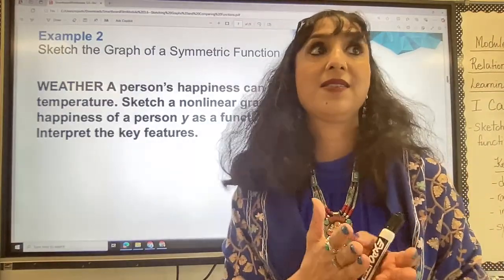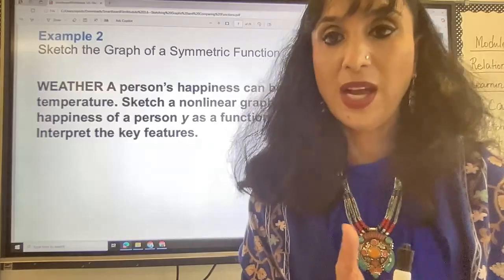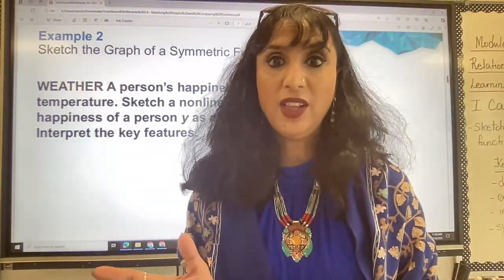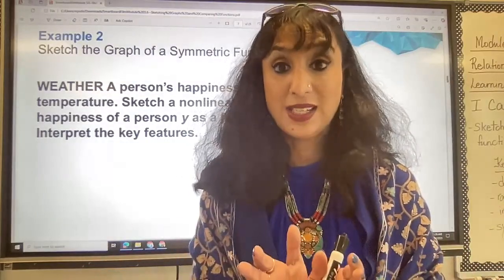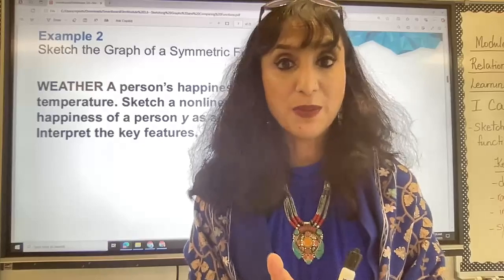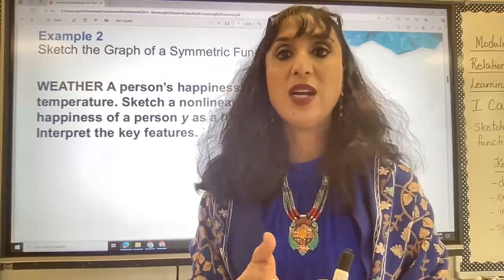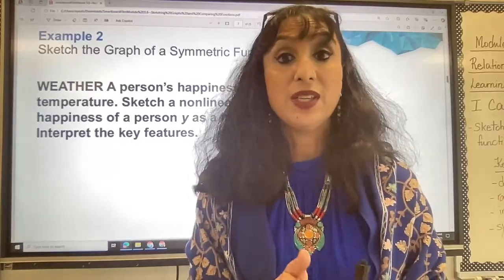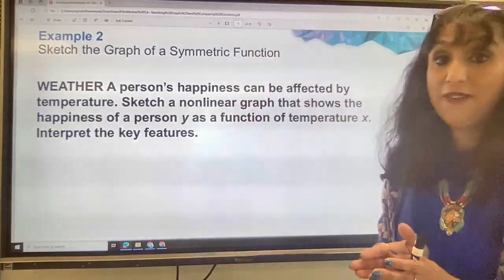As a normal human being, you know that when it's too cold or too hot, we are not that happy, right? We need the correct temperature to be comfortable. So based on the key features provided, we are going to be creating a symmetric graph in this case.